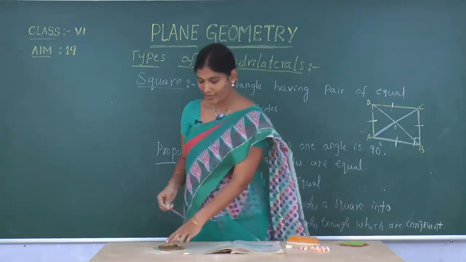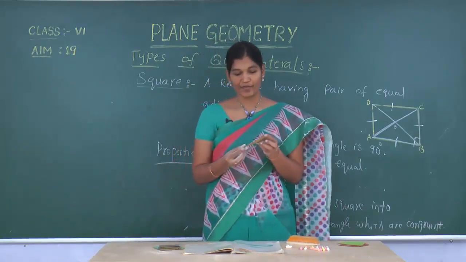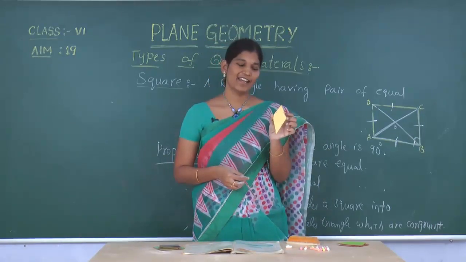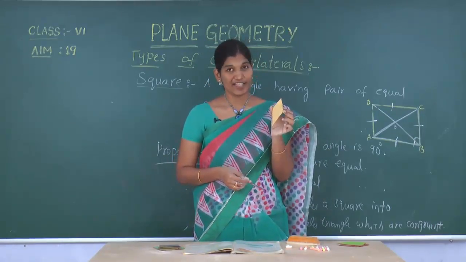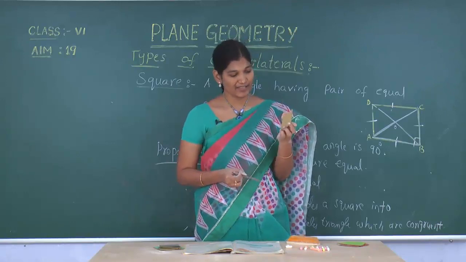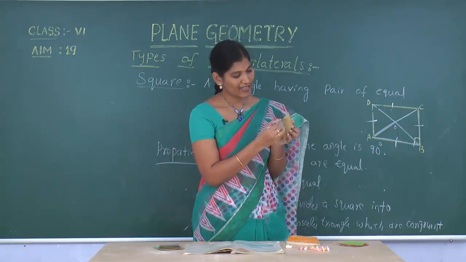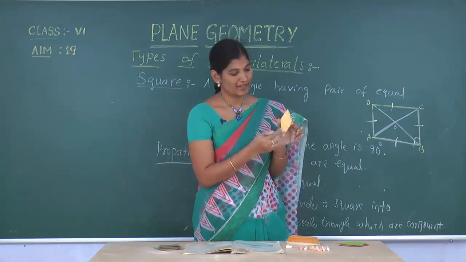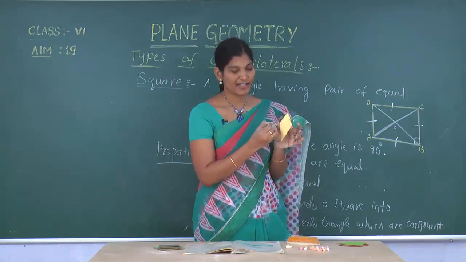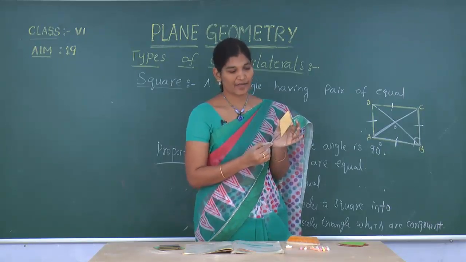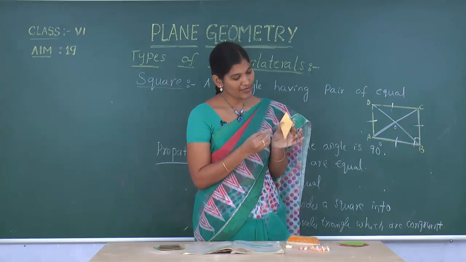And let me show you one more figure. What is this? Yes, it is a kite. How can we say it is a kite? Observe here. These two are adjacent sides which are equal, and these two are adjacent sides which are equal, and this one is opposite to this one.